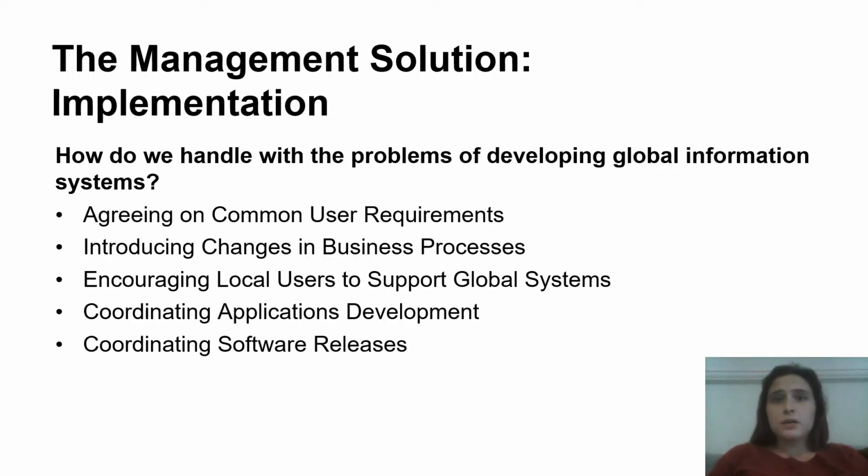How do we handle the problems of developing global information systems? Define core business processes, begin a rational comparison across divisions of the company, develop a common language for discussing the business, and define common user requirements. The change agent must have legitimacy, authority, and ability to involve users in the change design to succeed.